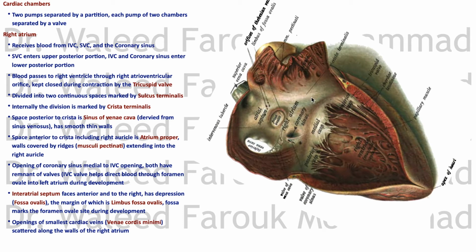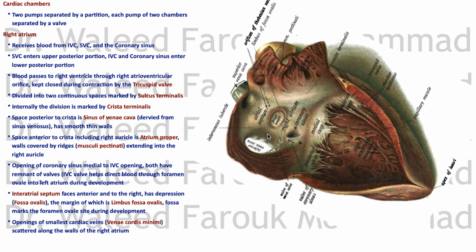Now this crista terminalis, on the outside, has a sulcus opposite to it on the external surface called the sulcus terminalis. So the sulcus terminalis marks the inside crista terminalis in the right atrium.